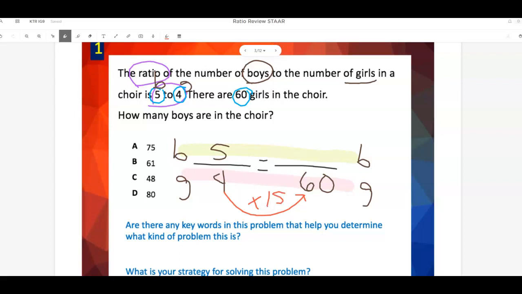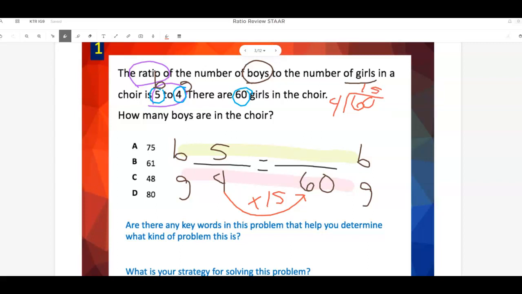Okay. So if you did not know how to multiply from 4, stop talking. Y'all stop being disrespectful. If you didn't know how to get from 4 to 60 through multiplication, you would have had to divide to find your scale factor. 60 divided by 4, and you would have gotten 15.